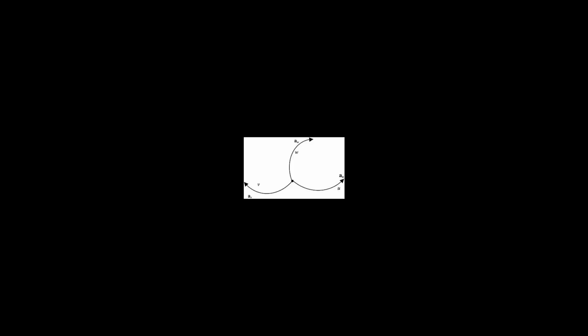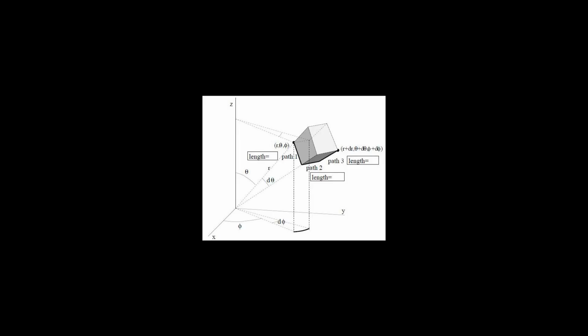Fictitious forces in general curvilinear coordinates. By definition, if a particle with no forces acting on it has its position expressed in an inertial coordinate system, x1, x2, x3, t, then it will have no acceleration: d²xj/dt² equals 0.